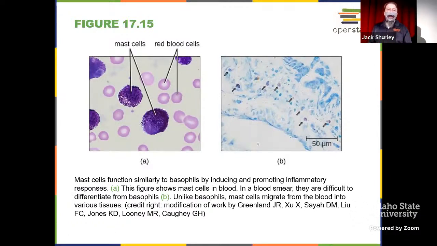The next one, these mast cells, they're kind of like basophils. They function similar to a basophil, and they are important with initiating an inflammatory response.